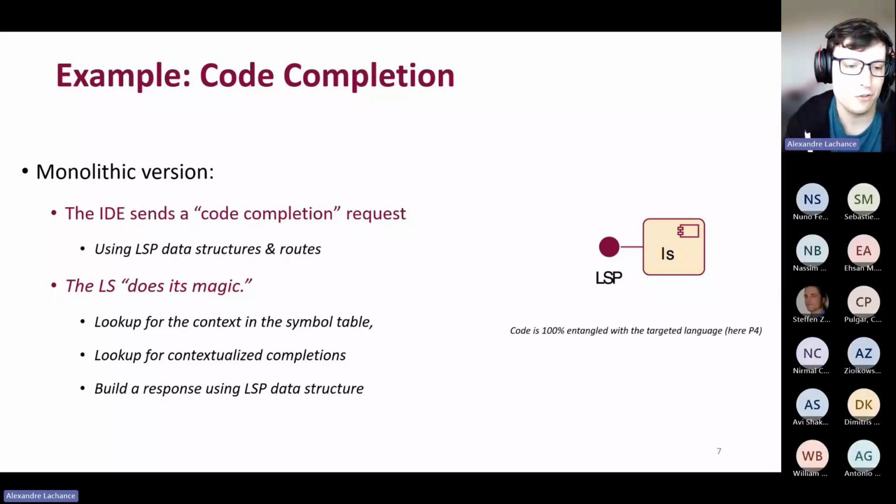If you're calling a function and you want completion for parameters, it's not going to be the same completion as when you're declaring a class, for example. And then it also needs to build the response corresponding to the language server protocol. When you're writing all that, you're entangling the language, in this case P4, within the logic, and it gets very hard to keep track of all the different features.